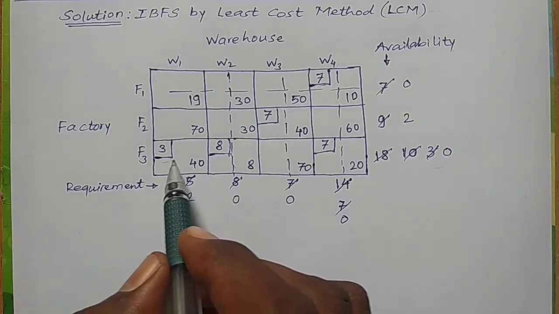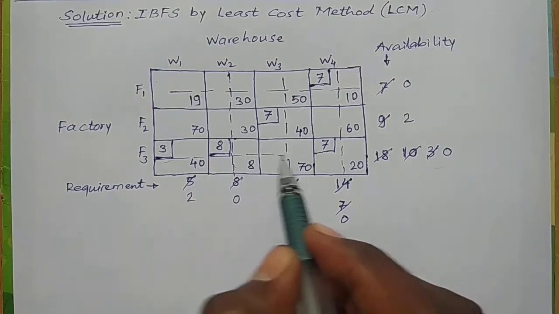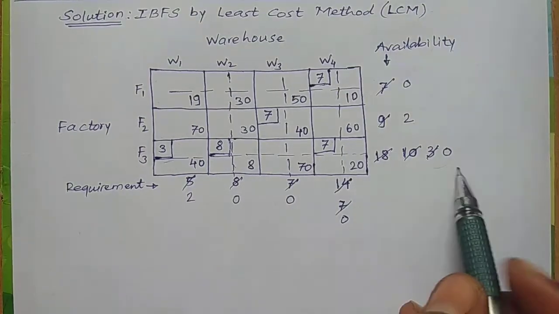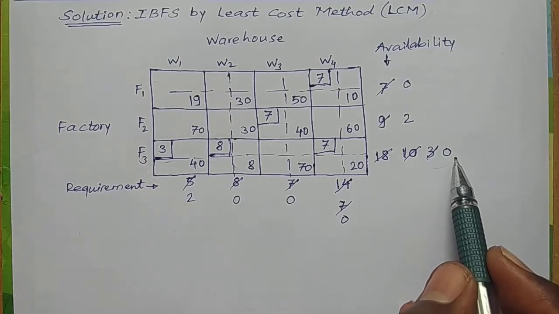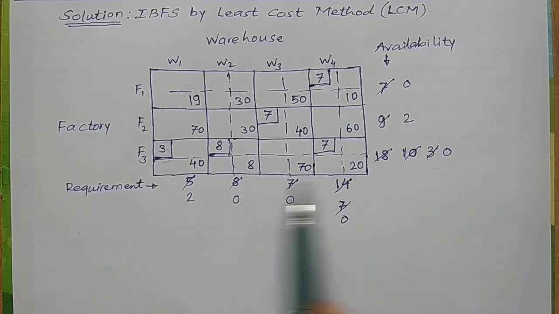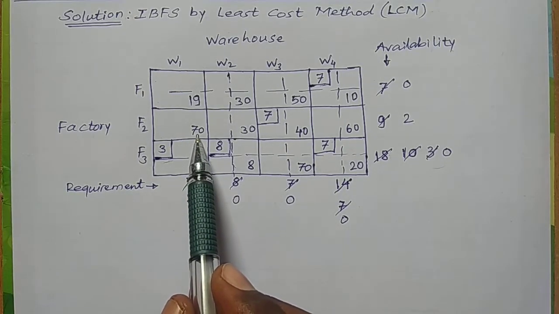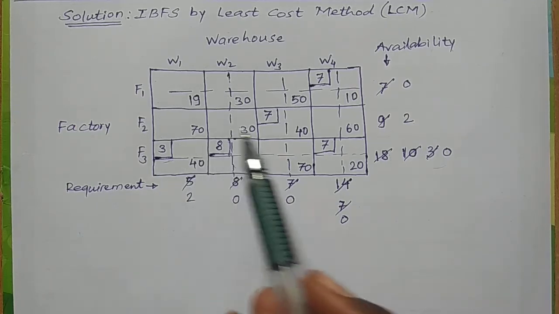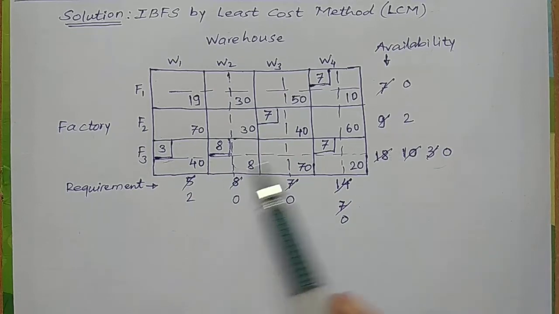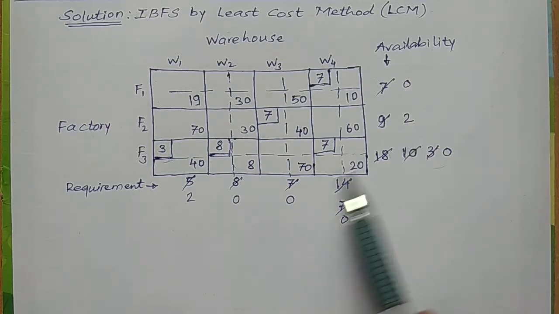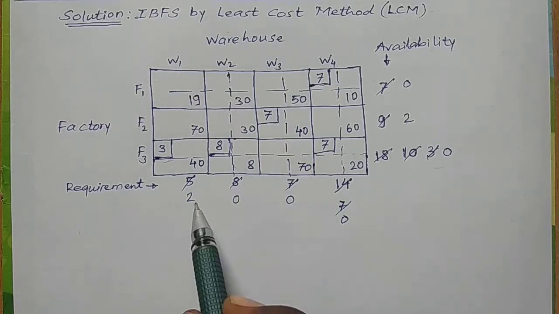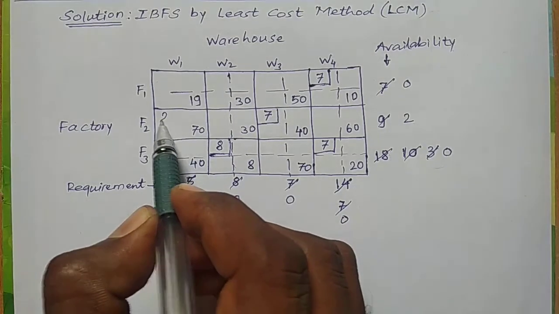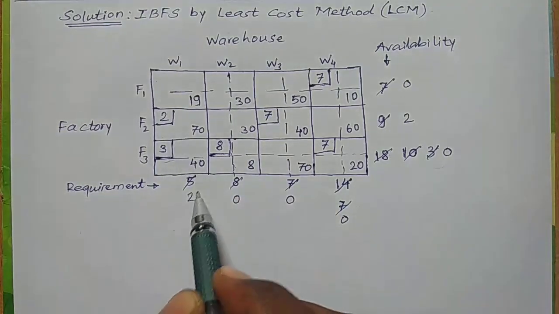Now let us delete this row from further consideration because its availability is completely exhausted. Now there is only one cell remaining for allocation, and as this was a balanced problem, for the last cell, supply and demand, that is availability and requirement, should be the same, and let us allocate this quantity at the last cell.